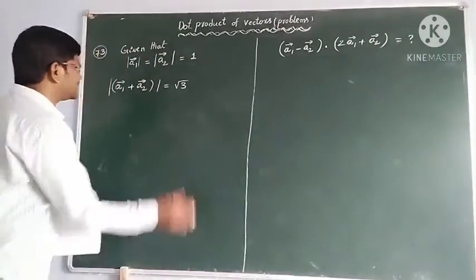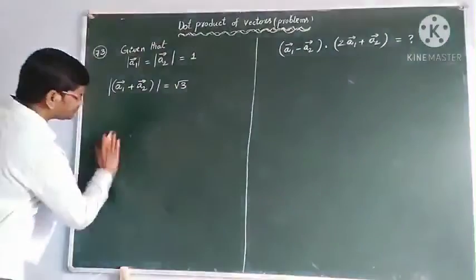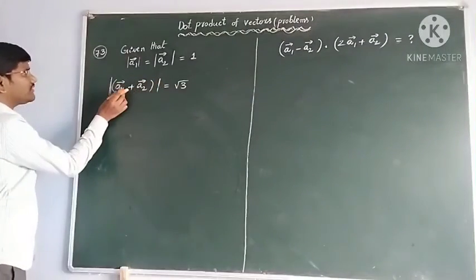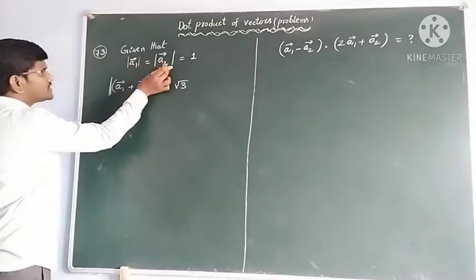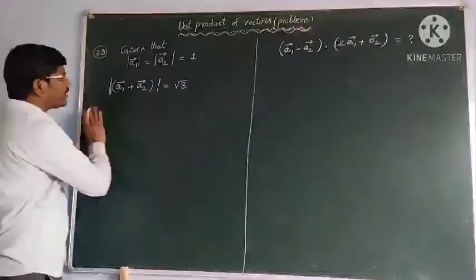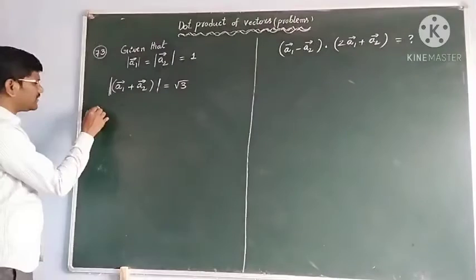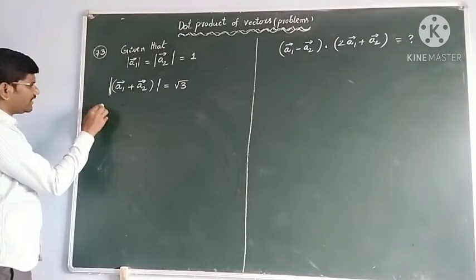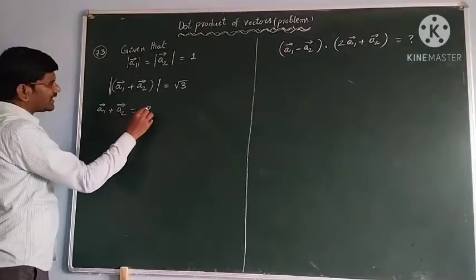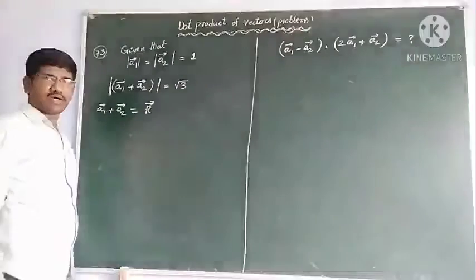Okay, students, now see. A1 is a unit vector, A2 is also a unit vector, but they are non-collinear vectors. If you add A1 bar plus A2 bar, you will get another vector, the resultant vector R bar.